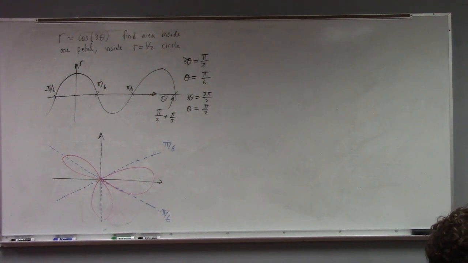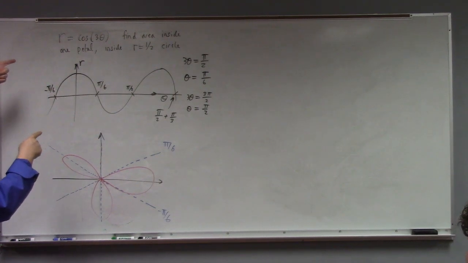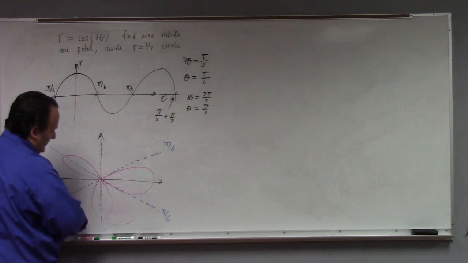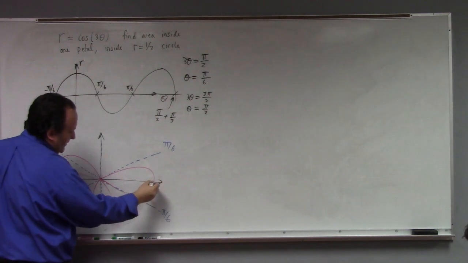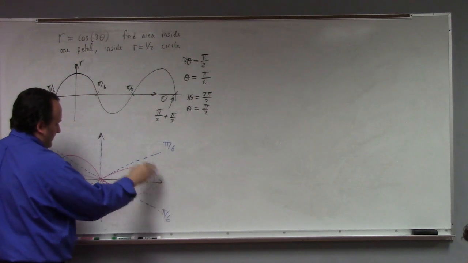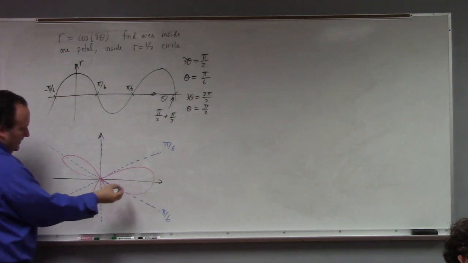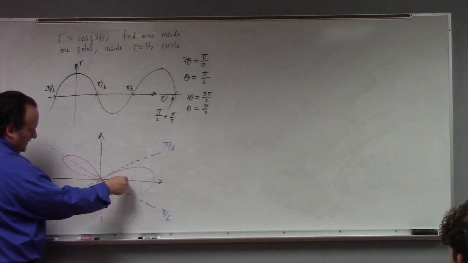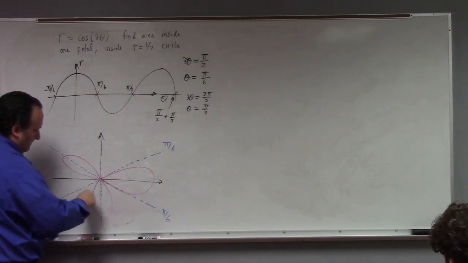Obviously I failed, right? If I'm more careful, I draw an outer circle and make sure that my petals reach the same outer circle, right? But then we're supposed to be inside a petal, one petal, but also inside an r equals 1/2 circle. So the farthest these go out here is like 1. All right, this is all inside the unit circle. The radius 1/2 circle is something like this, right?